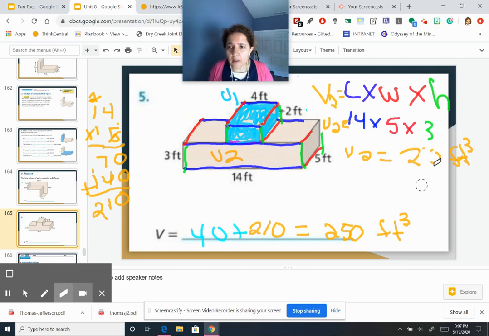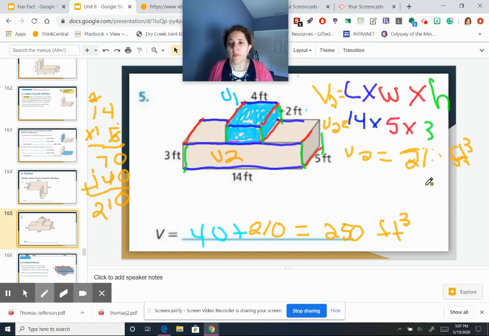Let me erase that completely and try rewriting it again. It takes forever. 210, there it goes. 210 cubic feet.